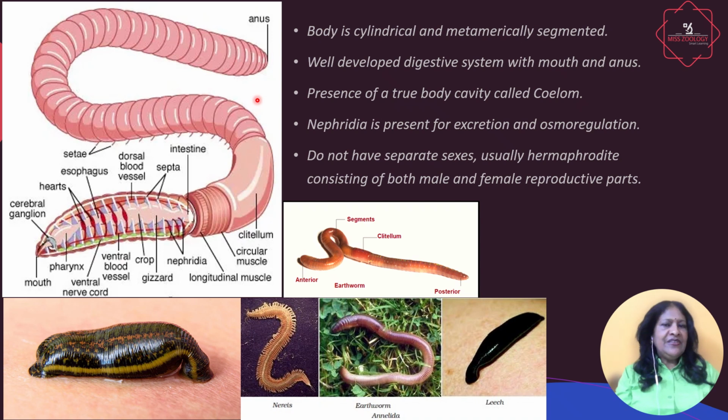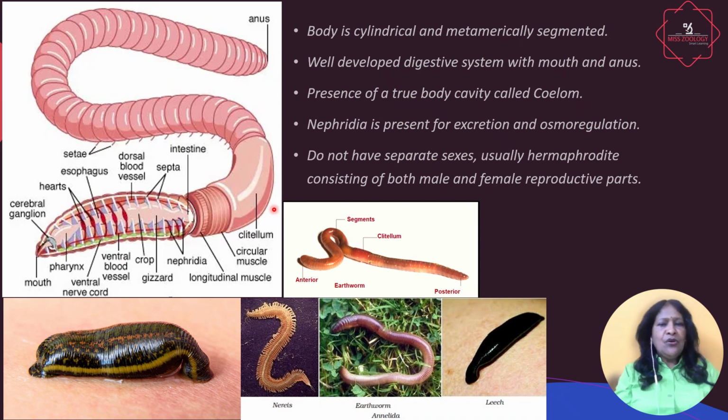They have a well-developed digestive system with a mouth as well as an anus. There is a presence of a true body cavity called coelom. That means the entire body cavity is lined by mesoderm, and that's why it is the first amongst the invertebrates to possess a true coelom.